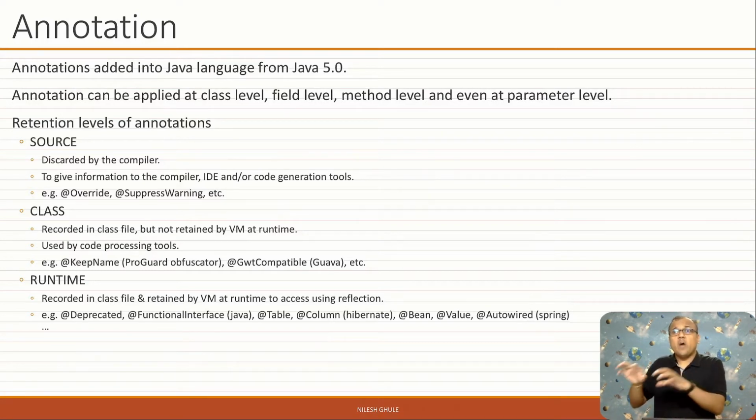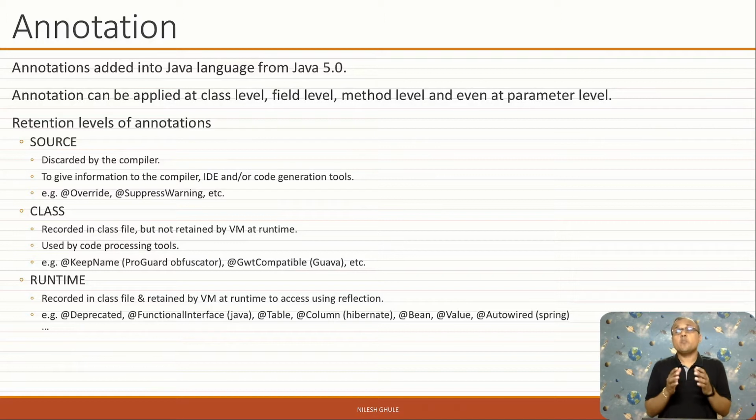However, while loading the class into JVM memory, these annotations are removed. So these annotations are not available during execution of the program. Such annotations were used by certain frameworks or libraries, or also used by some obfuscator tools.